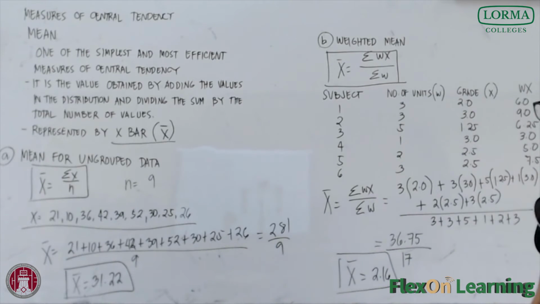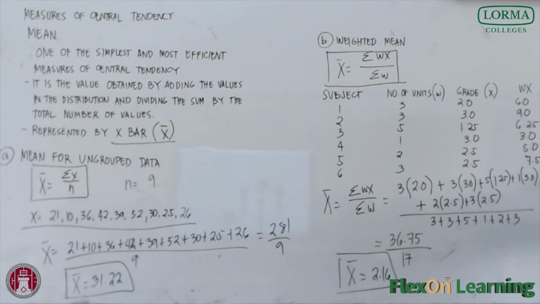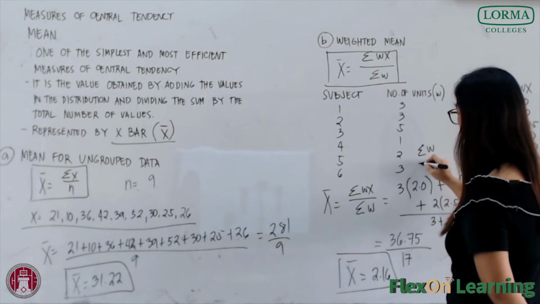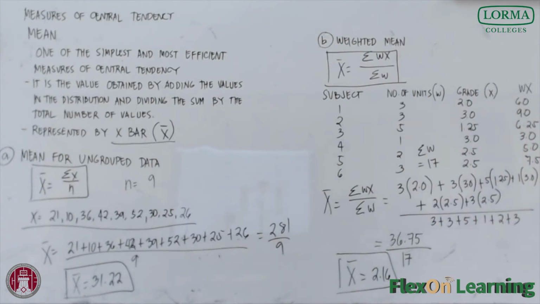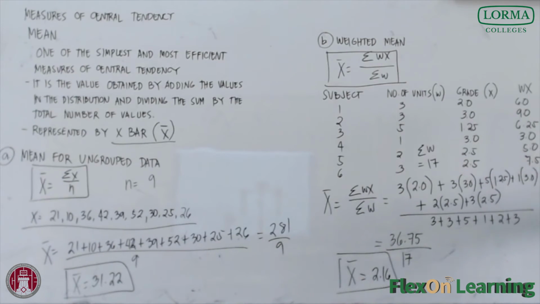That is equal to 36.75. Then get your summation of W, which is equal to 17, in order for you to get the mean. So the summation of your WX is equal to 36.75, and this is the summation of your WX.